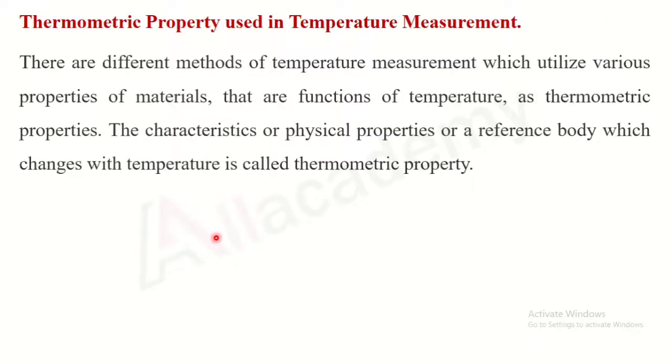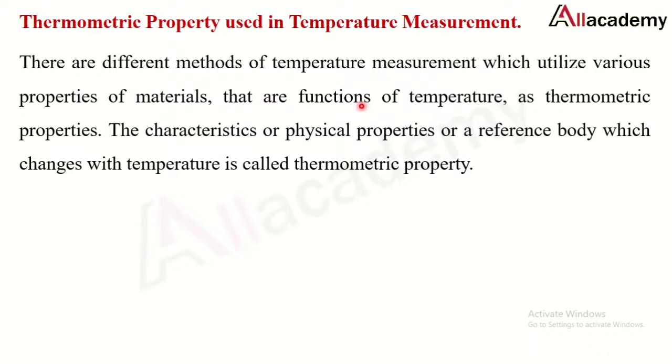Whatever temperature we identify, as we discuss the different methods, one way or another some properties of materials are used as a function of temperature, for example pressure, volume, and length. Whatever change in the temperature occurs will affect the properties of those materials.